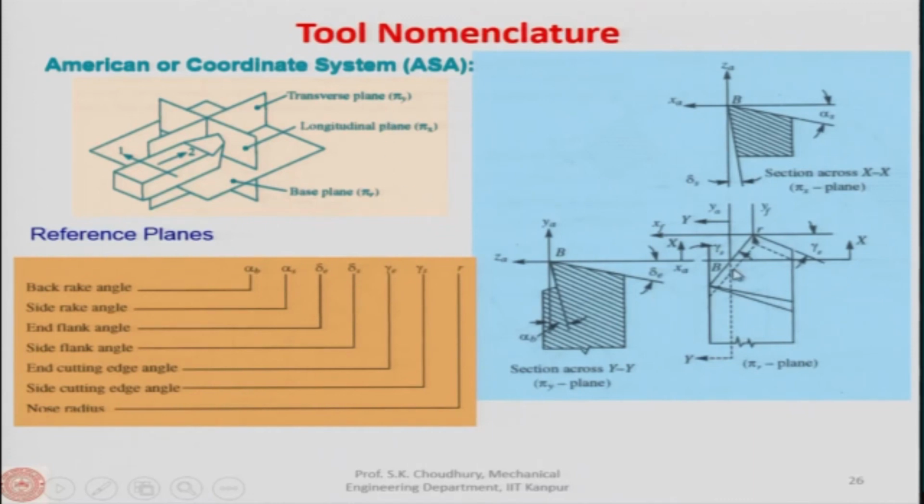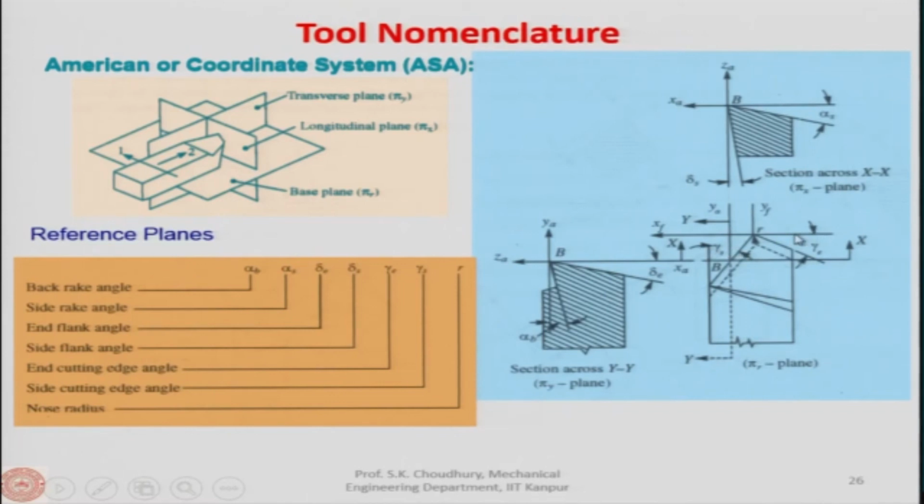Now, the other two angles are the cutting edge angles. These are the two cutting edges. This is the principal cutting edge and this is the auxiliary cutting edge. The principal cutting edge makes an angle with the y axis, which is called the side cutting edge angle.